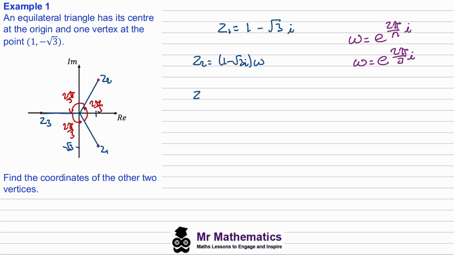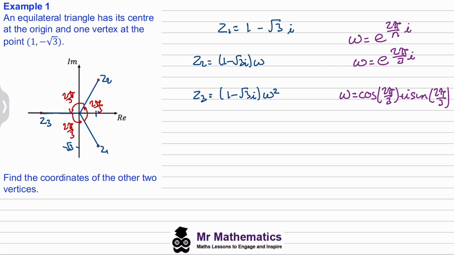So Z3 will be 1 minus root 3i multiplied by omega squared. Okay? And we can work out each of these on our calculators, but I need to enter omega in modulus argument form. So this will be cos 2 pi over 3 plus i sine of 2 pi over 3.